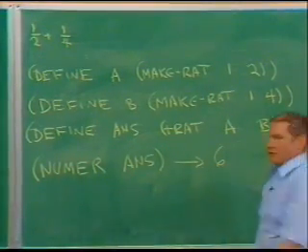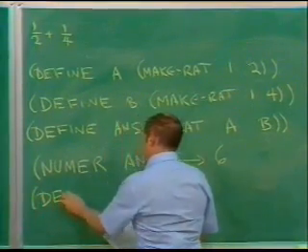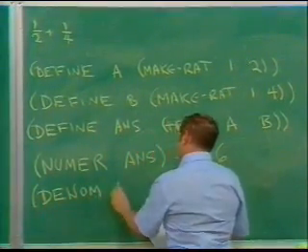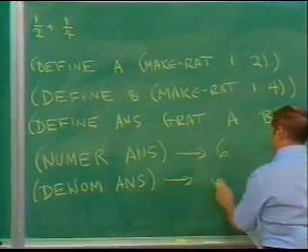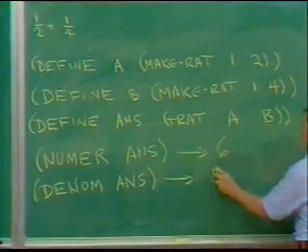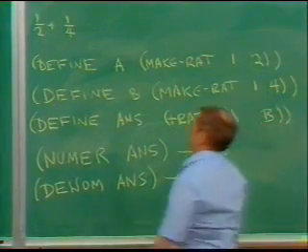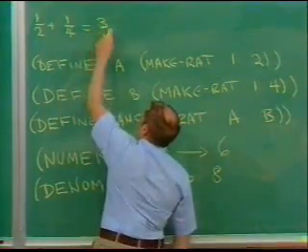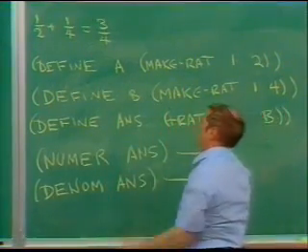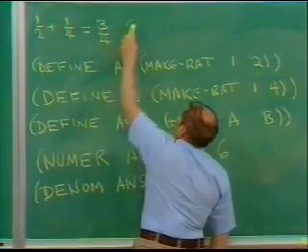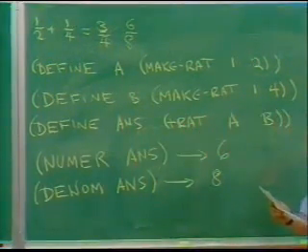And if I say, what's the denominator of the answer? The system's going to type out 8. So instead of what I would really like, which is for it to say that 1/2 and 1/4 is 3/4, this foolish machine is going to say, no, it's 6/8. Well, that's sort of bad news.